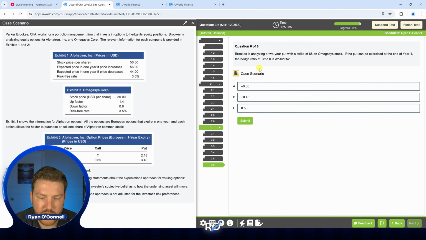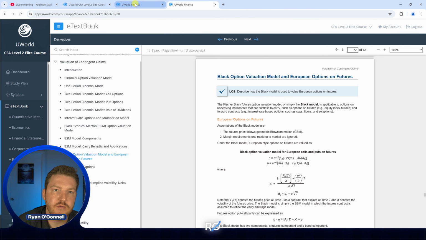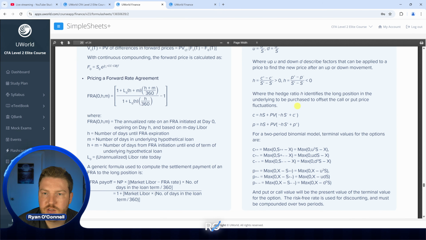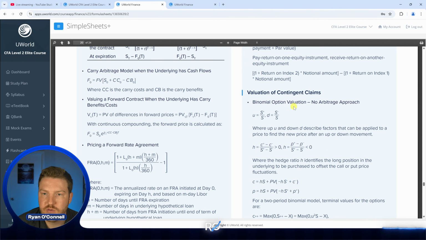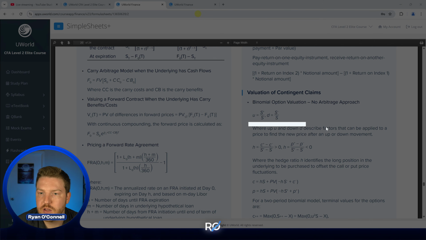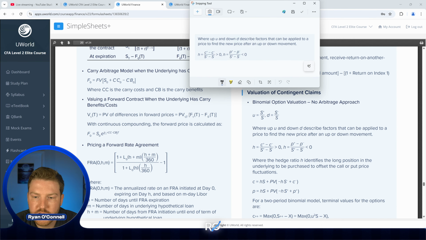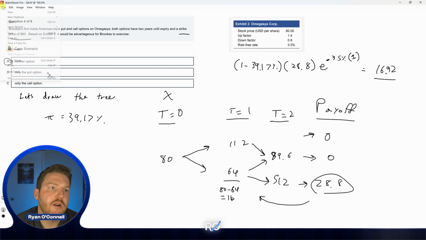This is one where we're actually going to have to pull a formula out of the formula sheet. Let's see if we can find it. Yes, right here. This is going to tell us our hedge ratio. Let's grab it. This H stands for the hedge ratio. Now let me open what I had for this very final one.